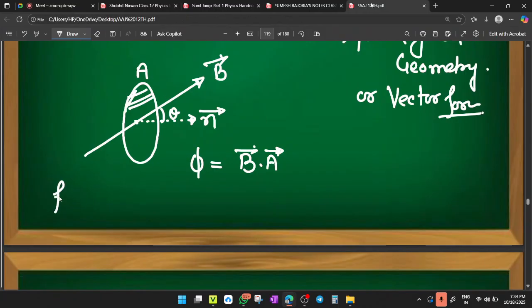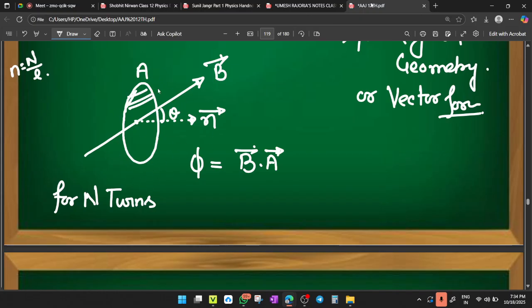But if the loop contains N turns, beta. Take it as capital N because small n is reserved for the solenoidal case. Small n equals capital N by L. So for N turns, the flux will be associated with N number of loops because there are so many loops.